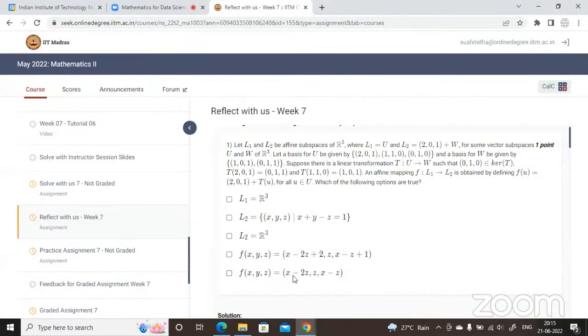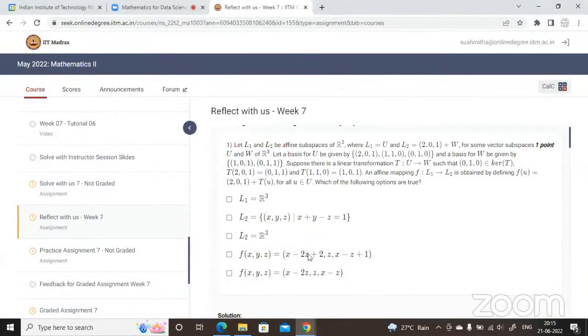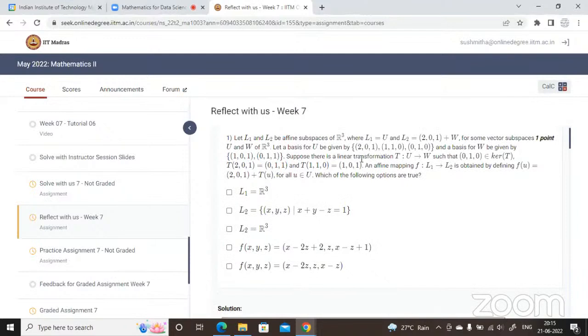And L2 is (2, 0, 1) plus W, for some subspaces U and W of R3. A basis for U is given: U is a subspace of R3 and a basis is given with 3 elements.